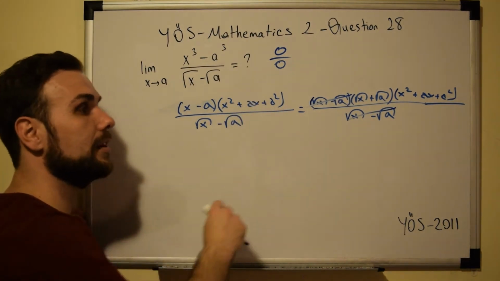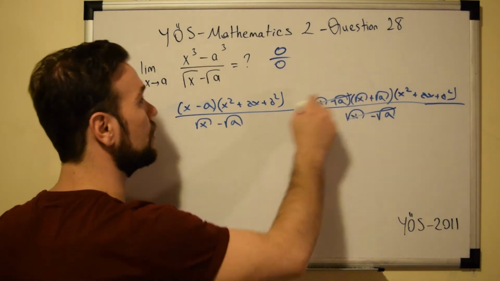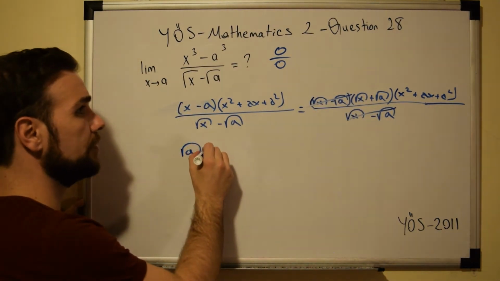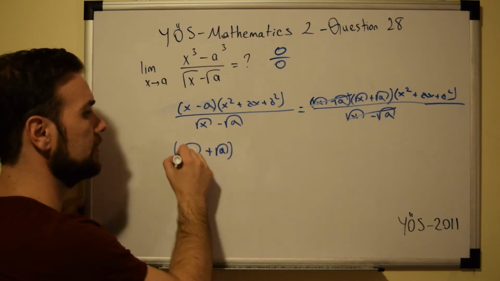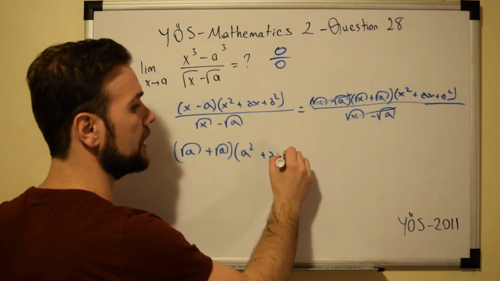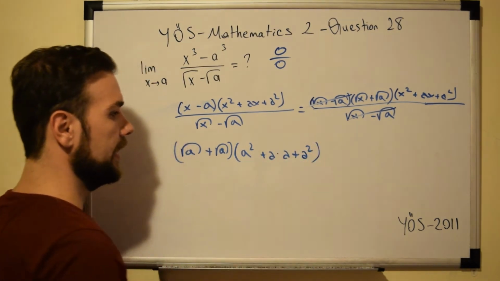Now as we simplify it, it will be very easy, because all we have to do now is, instead of x, put the value of a. So we have square root of a plus square root of a, times a squared plus a times a plus a squared. And what do we have here?